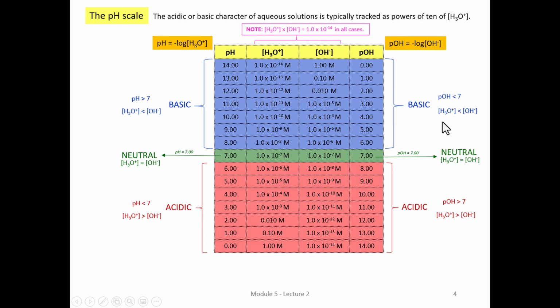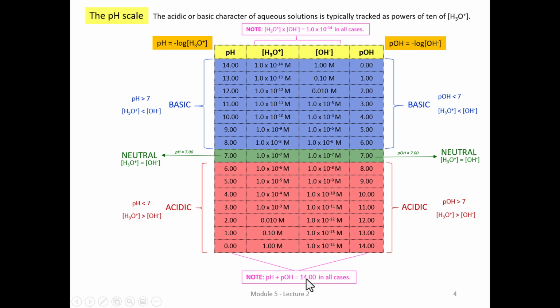You'll notice that in every case, the pH plus the pOH always adds up to 14. And as a corollary here, the hydronium ion concentration times the hydroxide always equals 1 times 10 to the minus 14, but the pH plus the pOH equals 14 in all these cases.